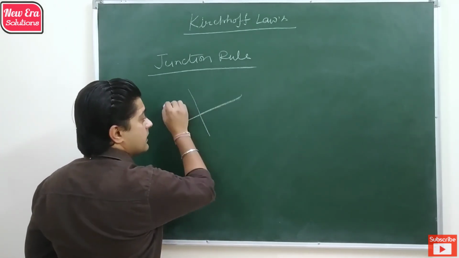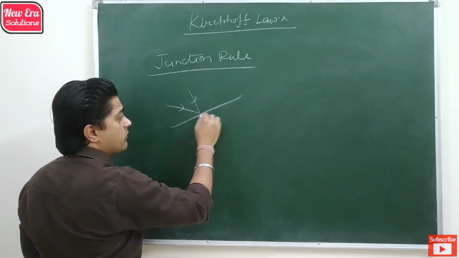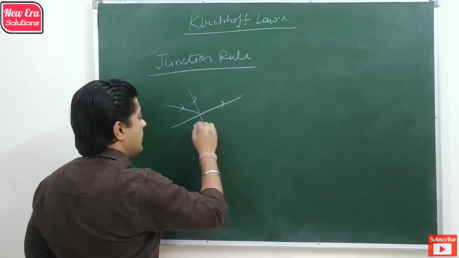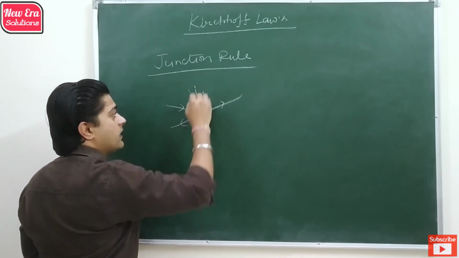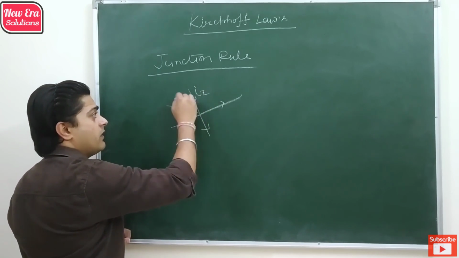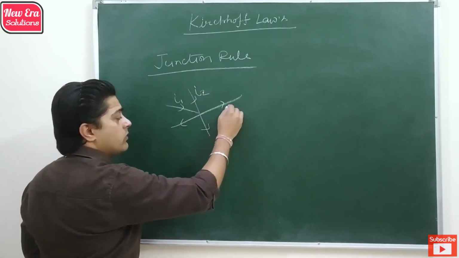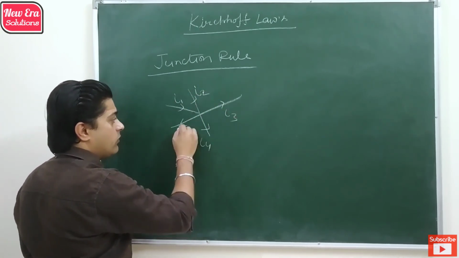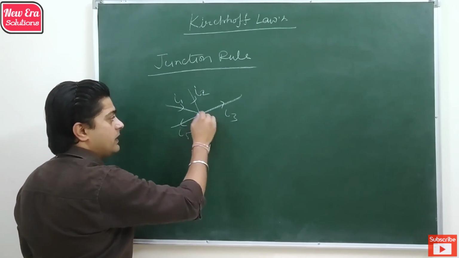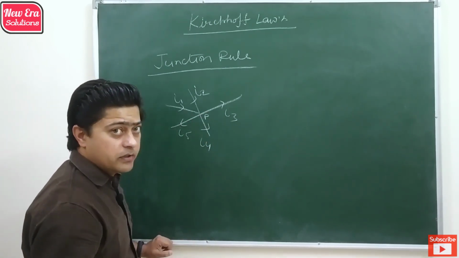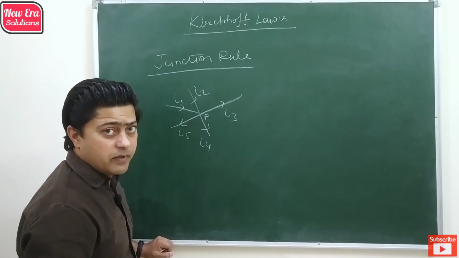We take a certain number of currents, some entering and some leaving the junction. We name them I1, I2, I3, I4 and I5. These are the currents associated with point P, which is behaving as a junction.